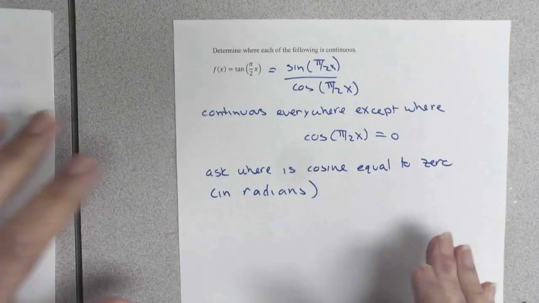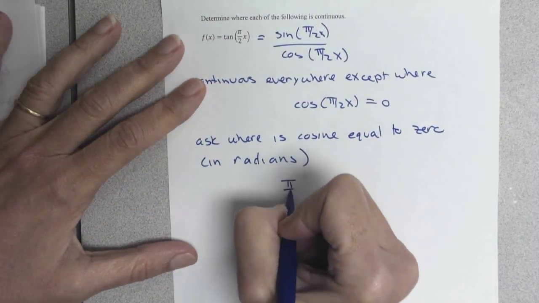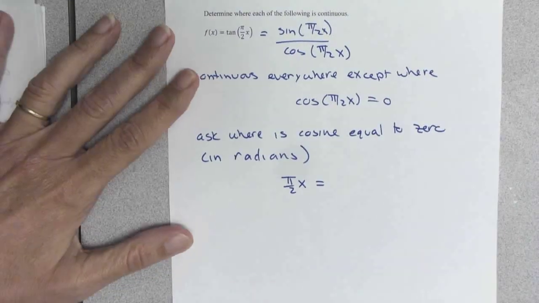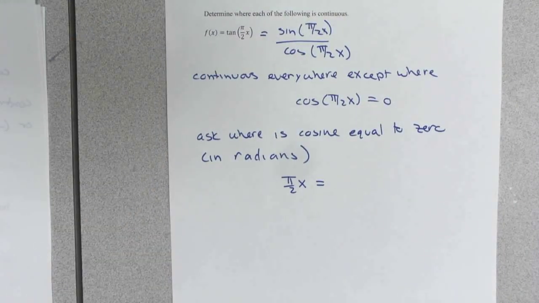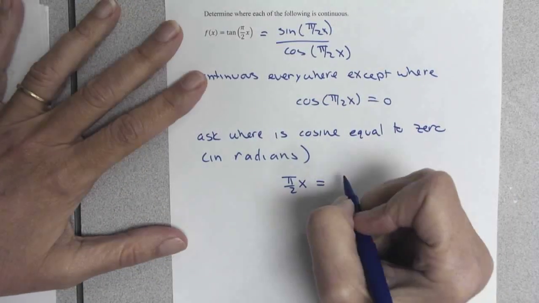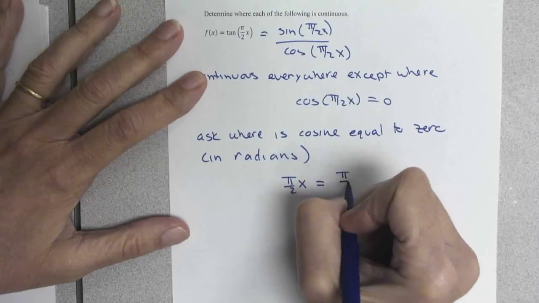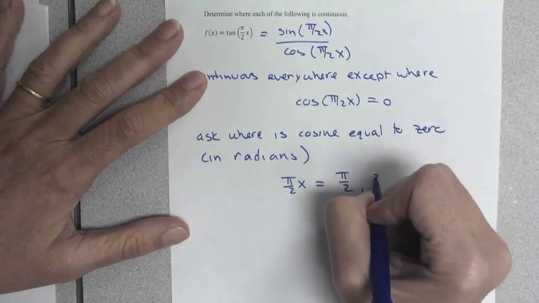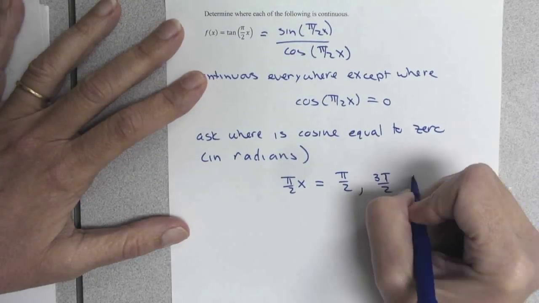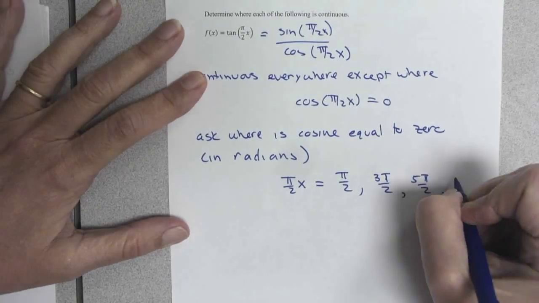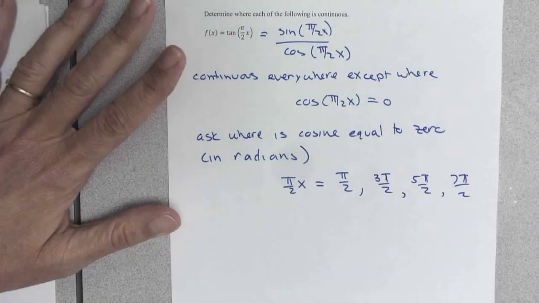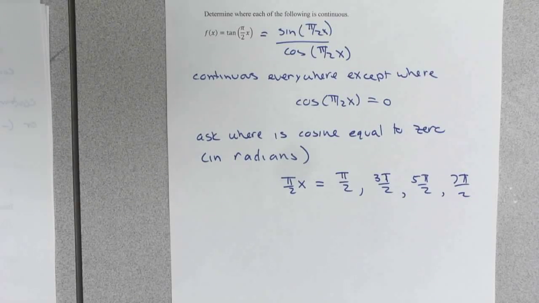And that will tell you what the angle has to be. So pi over 2x will be, where is cosine 0? Doing bad notation here, cosine is 0 at pi over 2, 3 pi over 2, 5 pi over 2, 7 pi over 2, on and on and on. So that tells me what pi over 2x has to be.